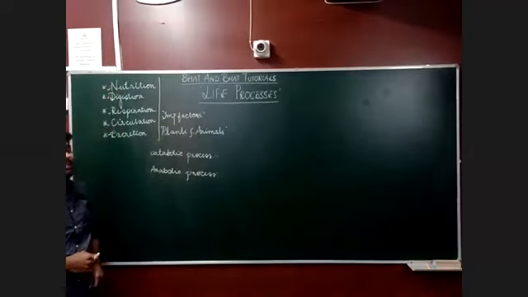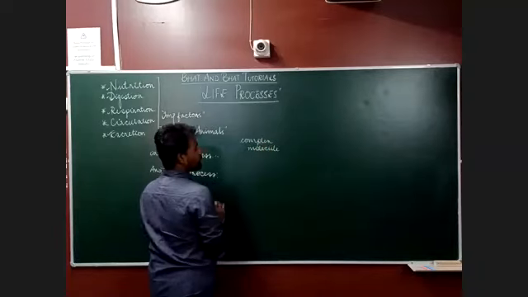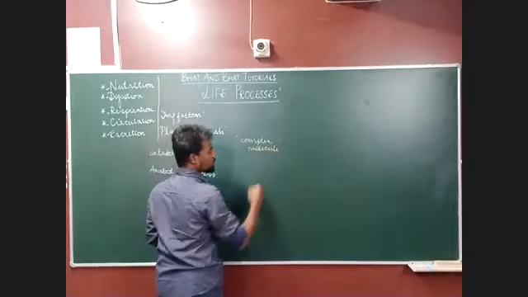Say for example, if I take this, food is generally a complex structure. So let me write it here. Food, it is generally a complex molecule.